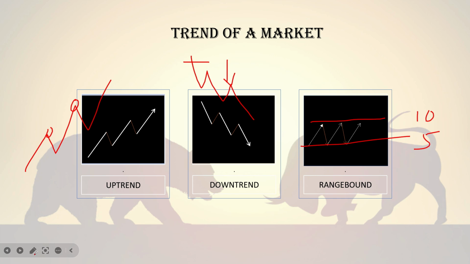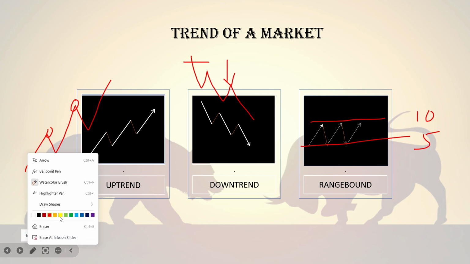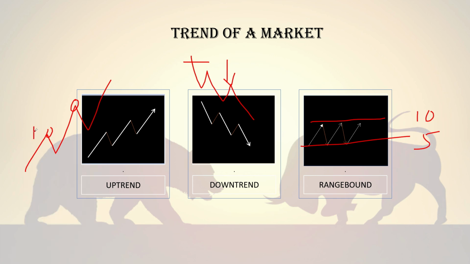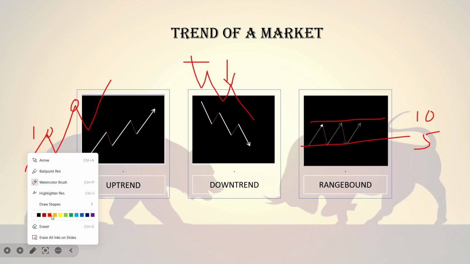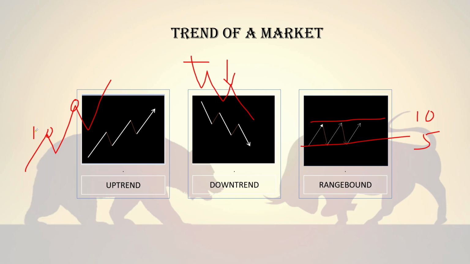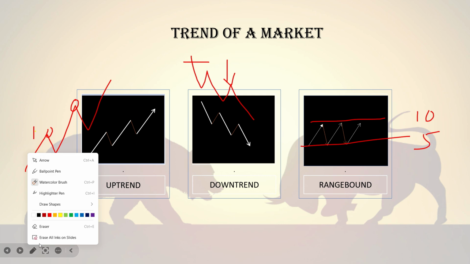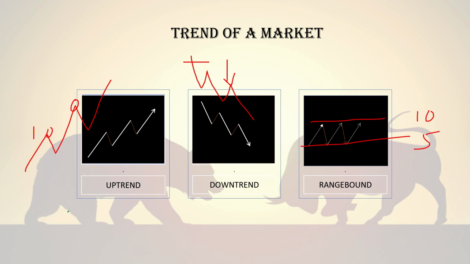Now you can ask me one question. What is this higher high and higher low, right? Wait a second, let me tell you. This is called higher high. It means when price is increasing, the current swing closes above the previous swing.